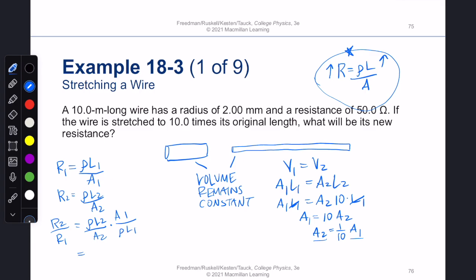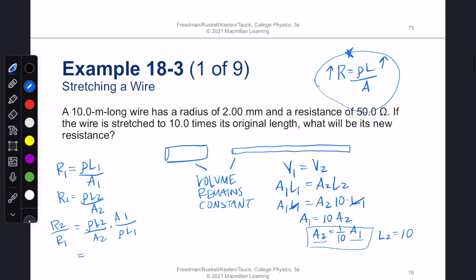I'm going to plug in the relationships that I know for area and for length, right? The one for length is that the length increases by a factor of 10. So when I plug in those relationships, I'm going to get some cancellations.